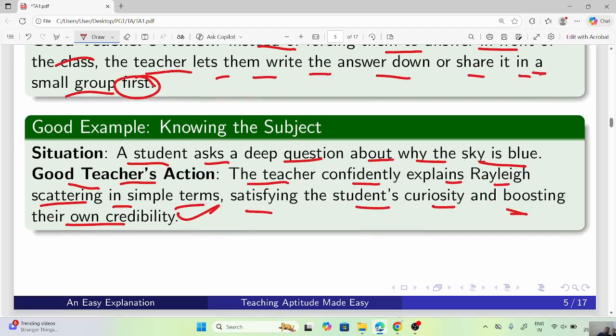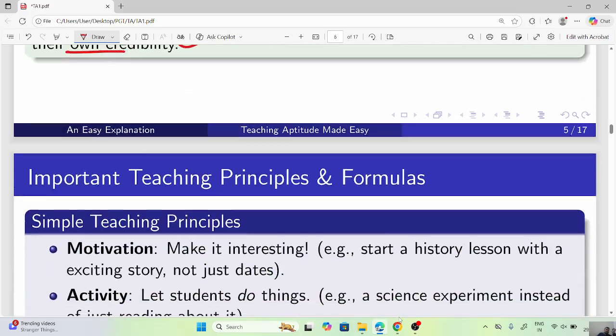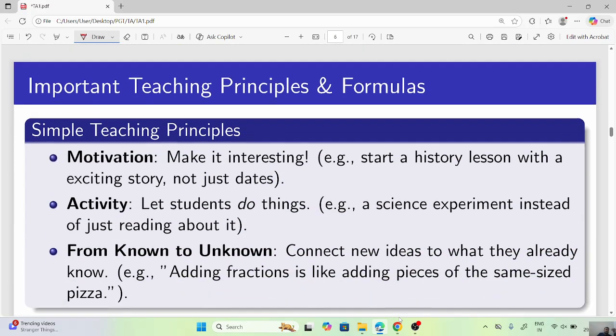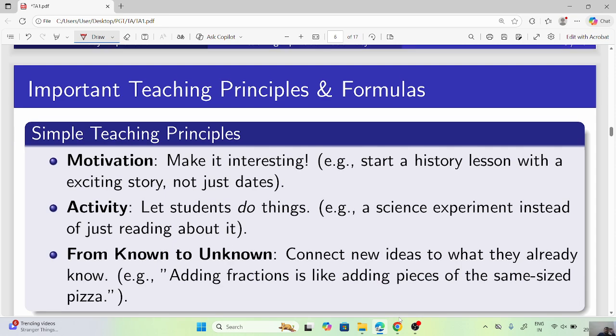Okay, the next one is important teaching principles and formulas. Some simple teaching principles are motivation, means make it interesting, like start a history lesson with an exciting story, not just dates.